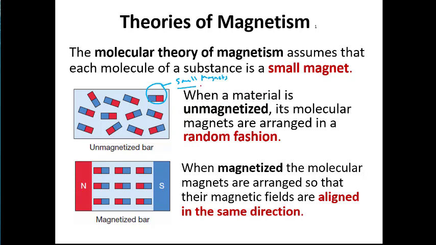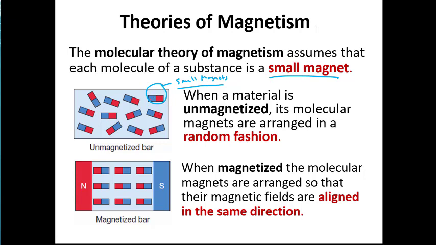If you watched the previous videos, what we found was that they have to have a certain electron structure in their outer orbitals in order to create these small magnets. If the electrons in the outer orbitals are balanced, they won't create a magnet. Only certain materials have the perfect electron structure in order to create these small magnets.